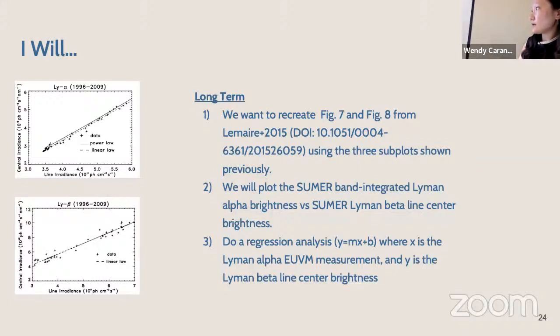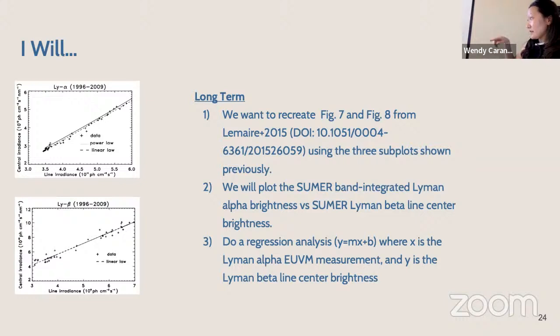In the long term, we want to replicate these figures here. This is from the Lemaire et al. 2015 paper, and this is looking at Lyman alpha. So here's that band integrated brightness versus Lyman alpha's line center brightness. We want to do this with the horizontal axis being the band integrated brightness of Lyman alpha versus the vertical axis here, the line center brightness of Lyman beta. We'll start using that SUMER data first.